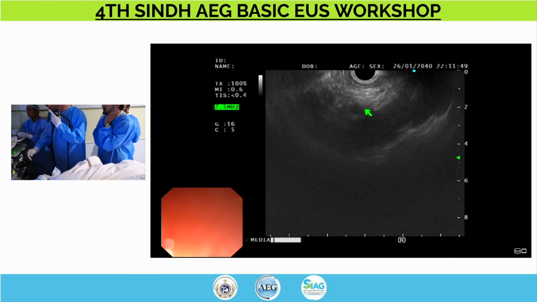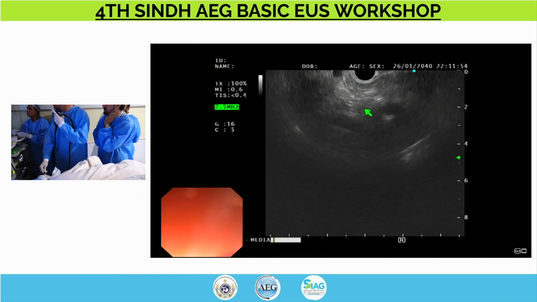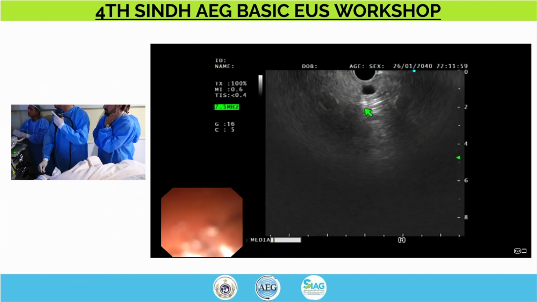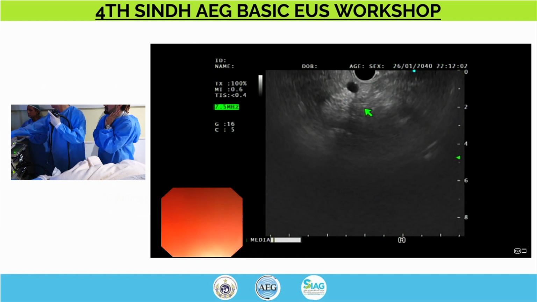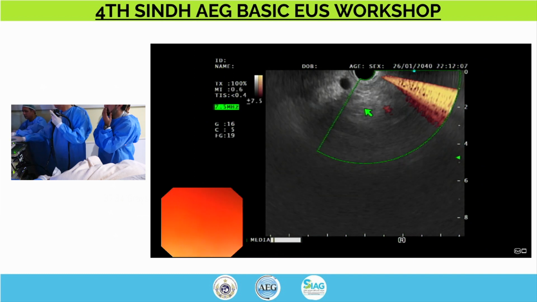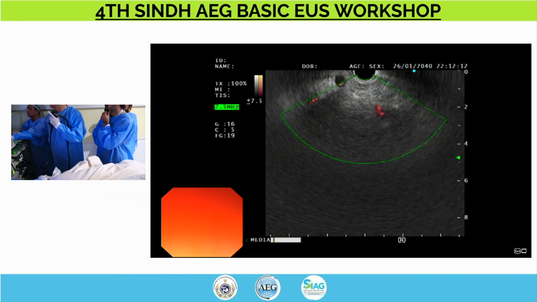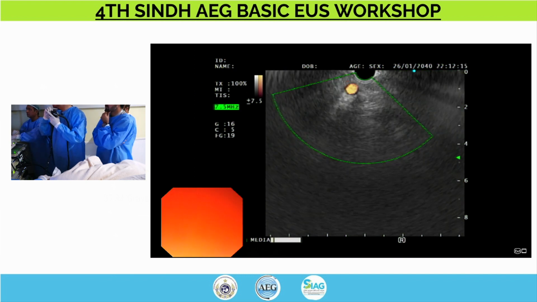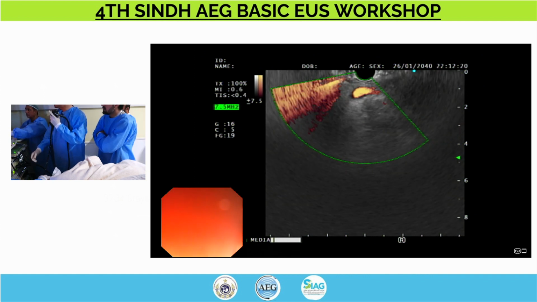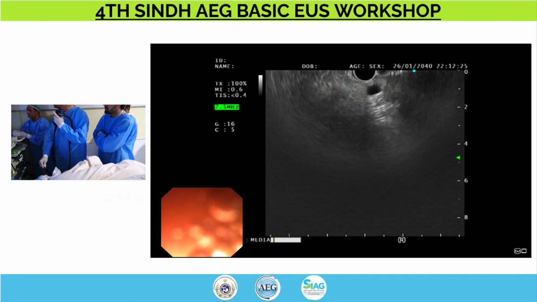Push it along the celiac artery, and then the celiac artery is going to get divided into 2 structures: one is an artery, the other is a vein. In between the 2 vessels, the salt and pepper appearance is going to be that of the pancreas.